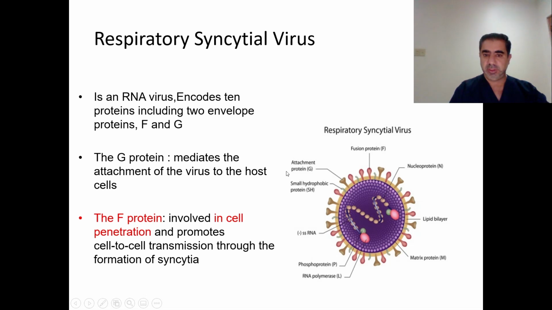So the G protein here mediates the attachment of the virus to the host cells. And the F protein is involved in the cell penetration and promotes cell-to-cell transmission through the formation of syncytia. So G protein for attachment and F protein for penetration.